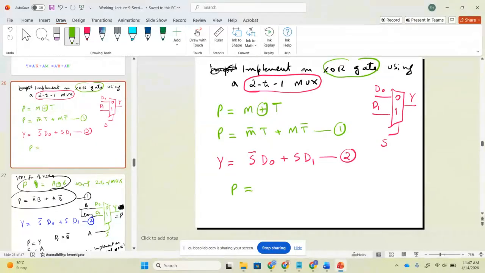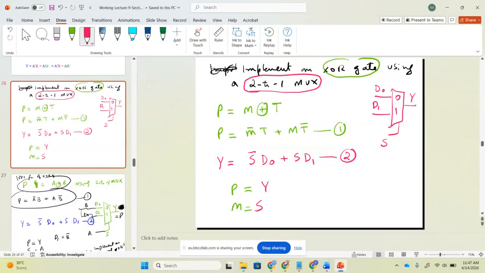P is the same thing as Y. Got it or not got it? And what is M? M is the select line S, so M is equal to S.